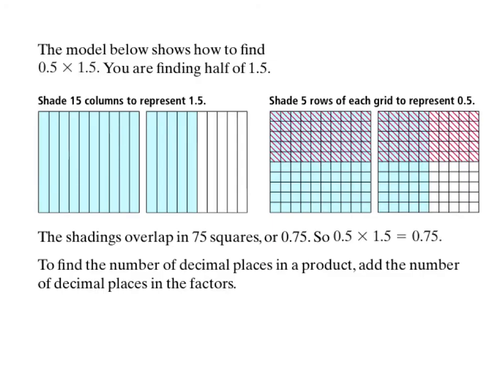The model below shows how to find 0.5 times 1.5. You're finding half of 1.5 because remember 0.5 is the same as 1/2. So let's say we're going to make our tens boxes. So we have our whole 10 for the 1 and half of a 10 for the 0.5.